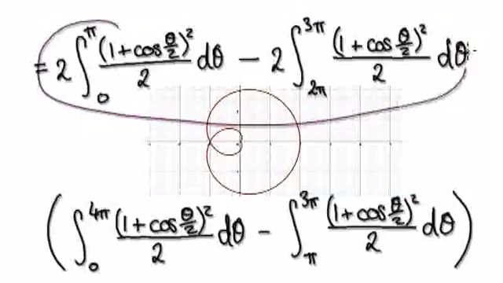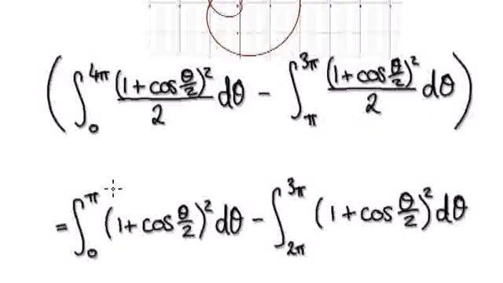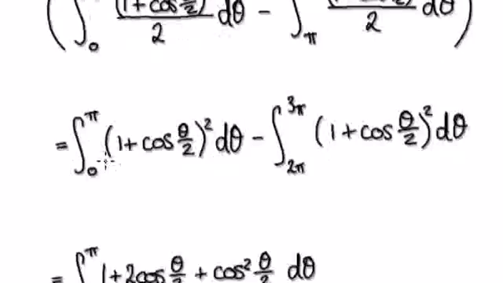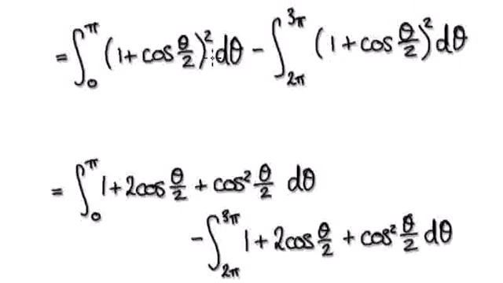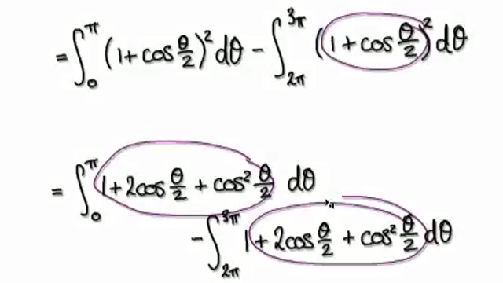So from here, tidy this up. So these two will cancel out, these two will cancel out, giving you this. Okay, and then we can multiply out the brackets. So when you square this, it will then give you this. When you square this, it will then give you this.